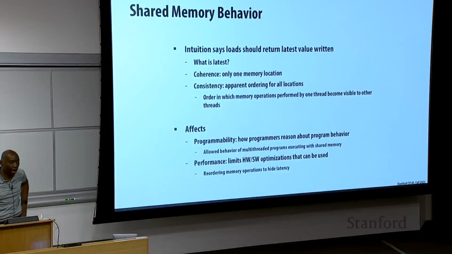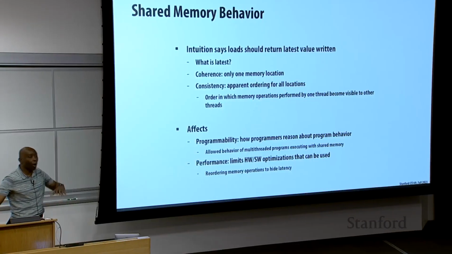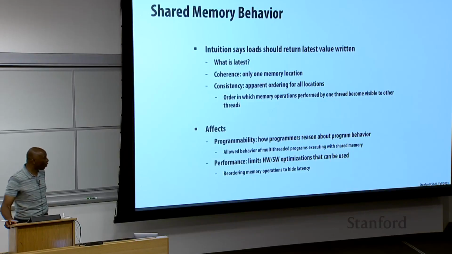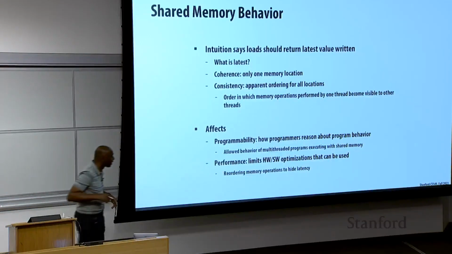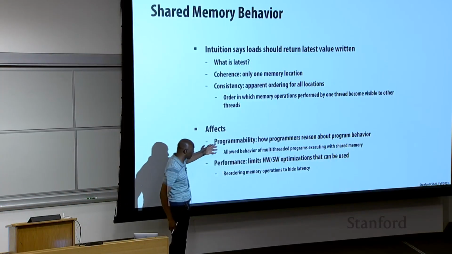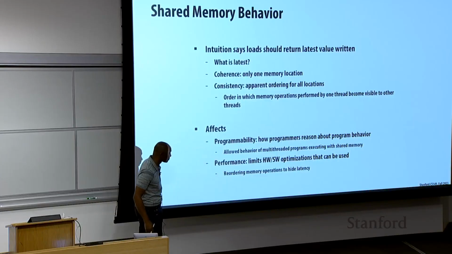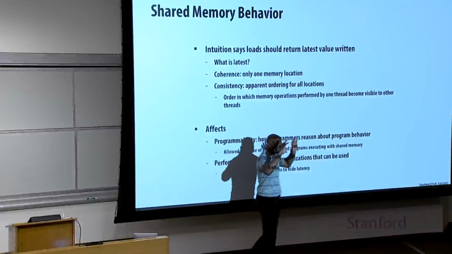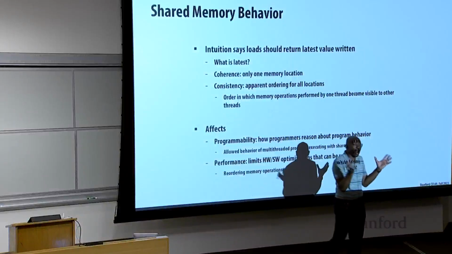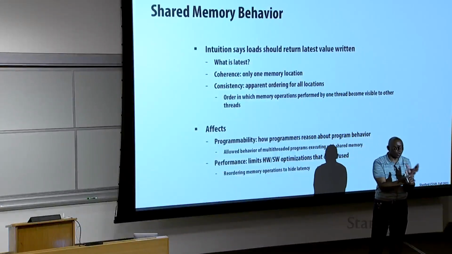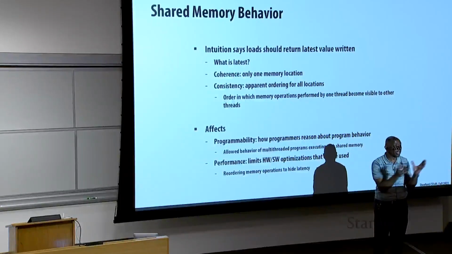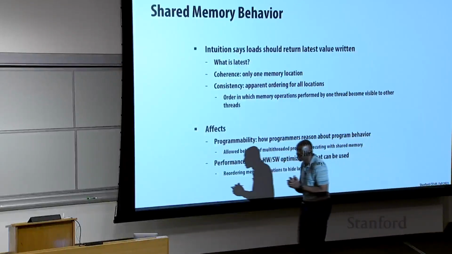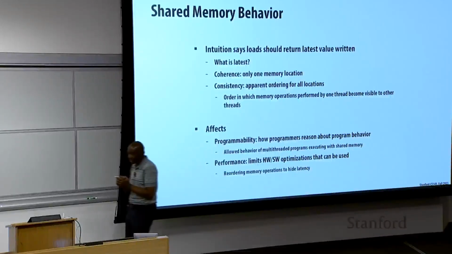It tells us the allowed behavior of the compiler and the memory system. It's important because the way in which you allow loads and stores to different addresses to be reordered is going to have a big impact on how performant our system is.